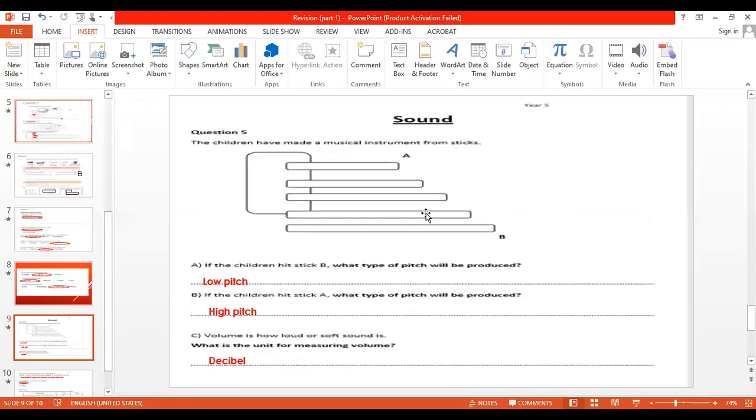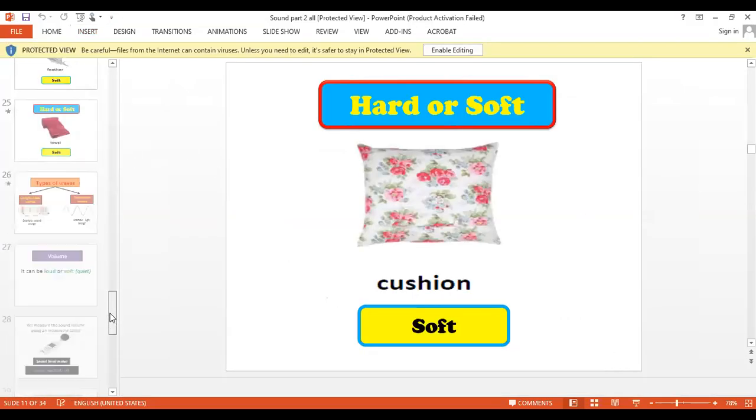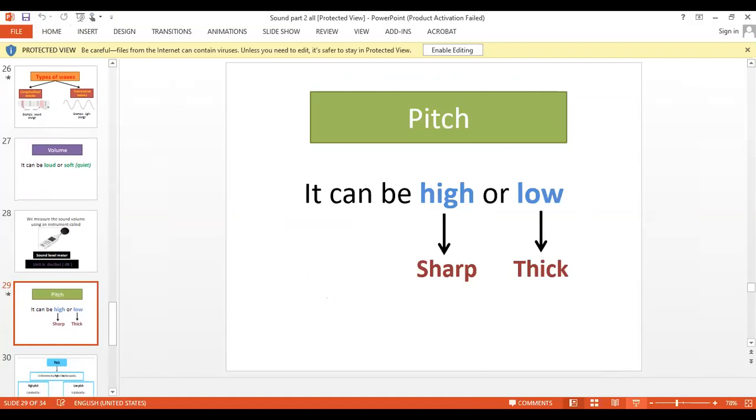Now let's talk about the pitch, guys, before answering those questions. We talked about how high or low a pitch is, and we said that the woman's voice has a higher pitch than a man's voice, as you can see.